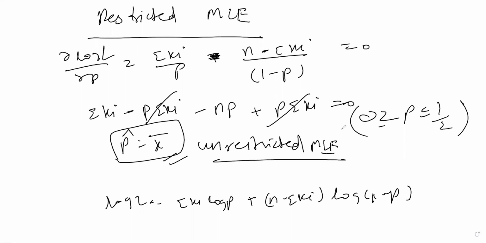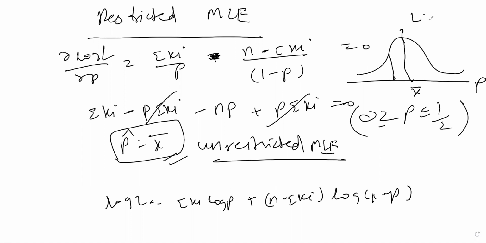But now we have restricted it to p in (0, 1/2). So make a graph. This maximum point will be x bar. Now if this is half, this is p, this is L of p, and p is only from 0 to half, then the MLE will be this point.